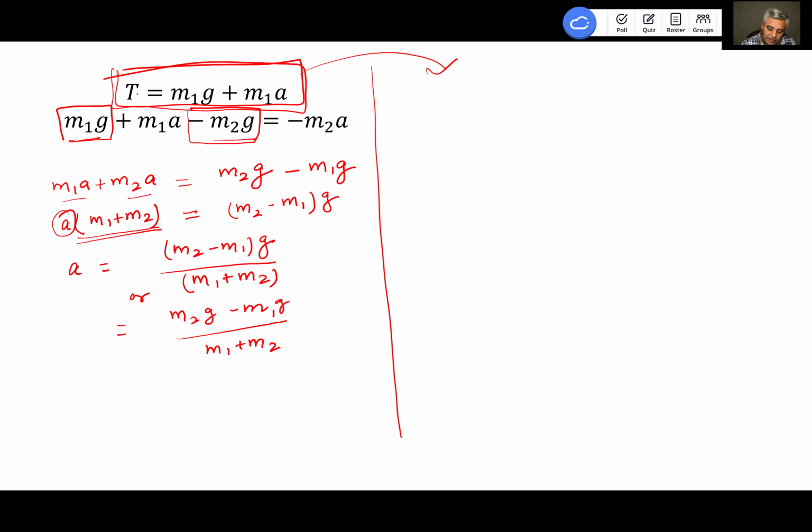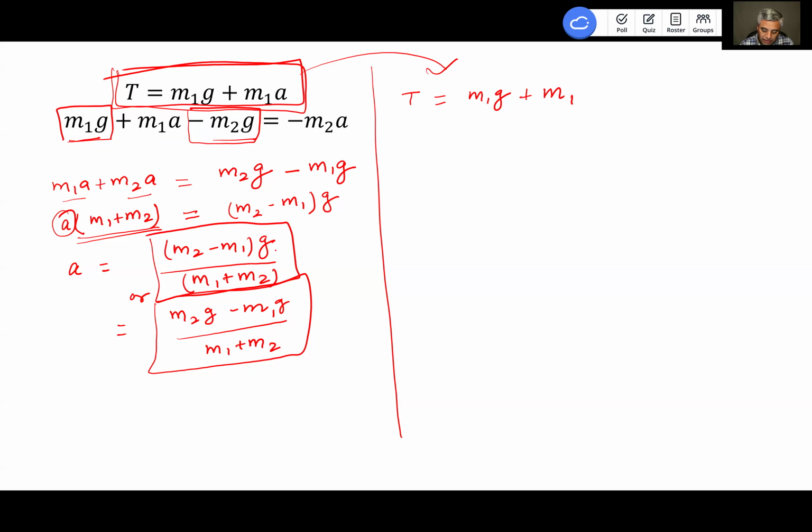Since T is already there, I'm just copying that T right there, and there is m1g, so I'm just copying that. Now there is m1 times a, and this a is going to be this whole thing, or this thing, depending on what you like. So let's use this one here.